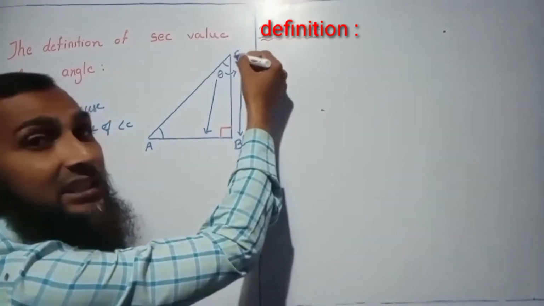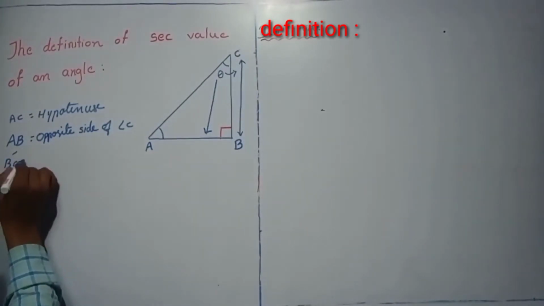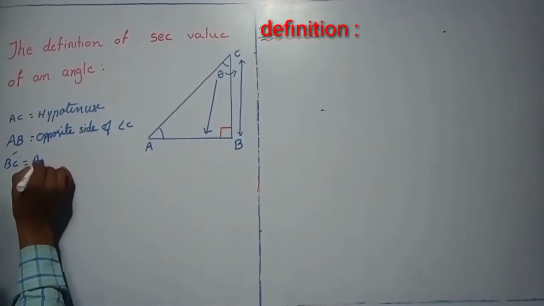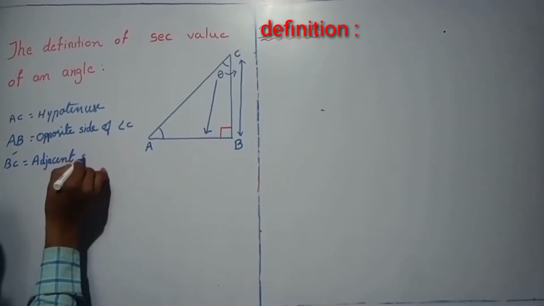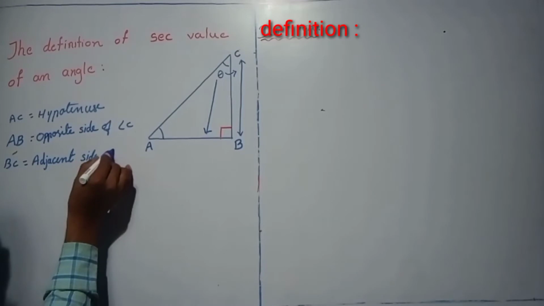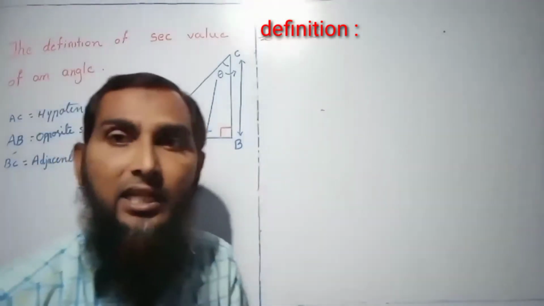So BC is called the adjacent side of angle C or theta. These are all the sides of the right angle triangle.